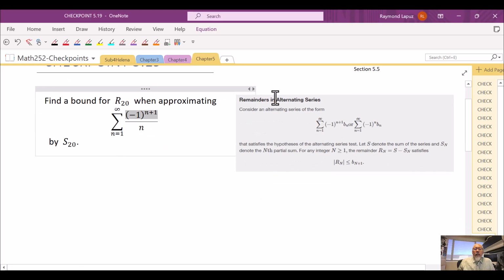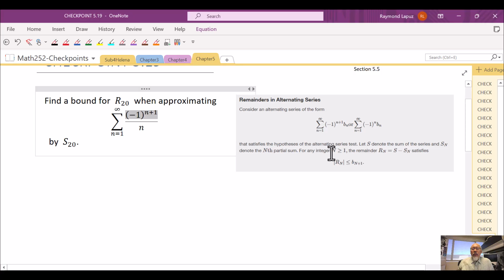Okay, the remainder for alternating series is given by this. If we have an alternating series where we look at b sub n as the positive parts of the series, and it satisfies the alternating series test hypothesis, and s is the total sum, we're assuming that this thing converges, and s sub n is denoted by the nth partial sum.